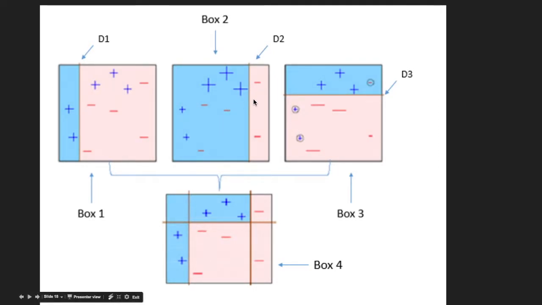So to compensate for this in our second decision tree, what we do is the examples that we got wrong, namely these pluses, we give them a higher weight, so now we really want to get them right. So notice how now our boundary has shifted a lot to the right, because now this means we get all of our pluses right, but subsequently we get a lot more of our minuses wrong.